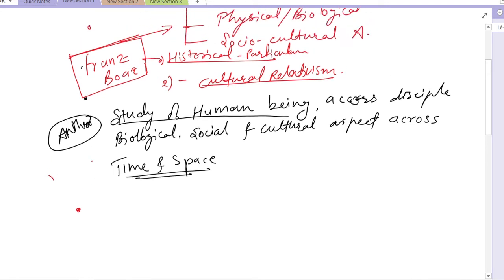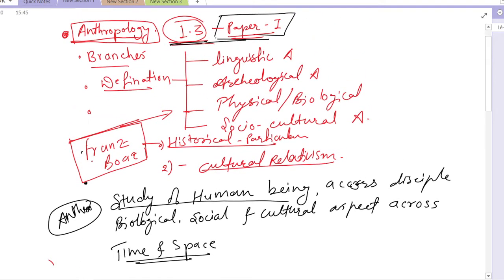The fourfold division of anthropology, that is the 4 branches of anthropology which we are going to study right now, is given by Franz Boas. Certain names like Franz Boas and others will appear in our lectures. So what I'll recommend is write down this name, and I'll tell you where exactly we will deal with it.